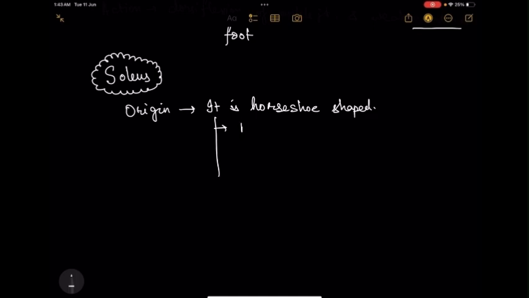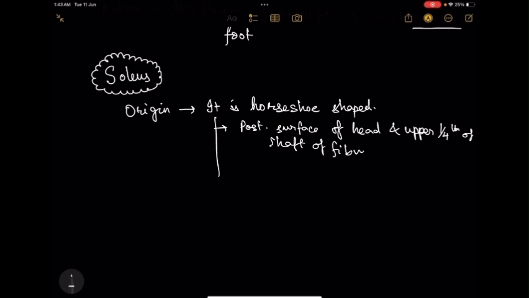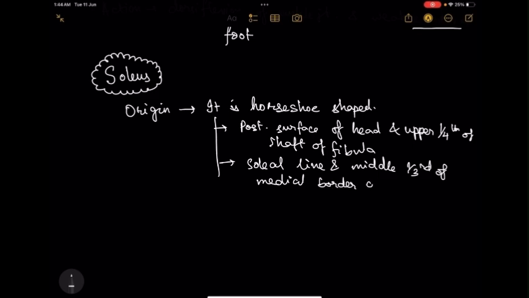Let's describe it. Posterior surface of head and upper 1/4 of shaft of fibula. Next, soleal line. I hope you remember the soleal line on tibia, and middle 1/3 of medial border of tibia. Yeah, wonderful.